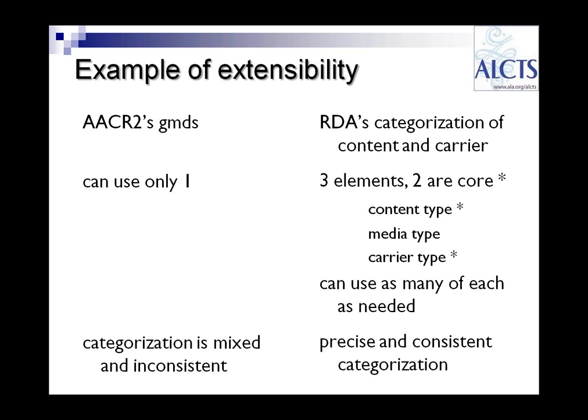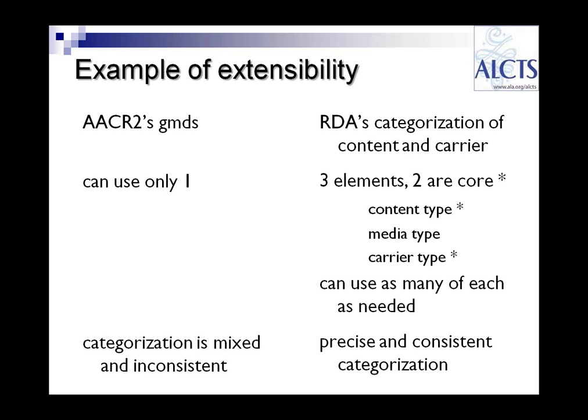I'm going to give you a quick example of extensibility. We're not going to look at the full set of RDA elements, but just look at three elements, and that is RDA's categorization of content and carrier. RDA is going to use three elements: content type, media type, and carrier type, and these will replace AACR2's GMDs.